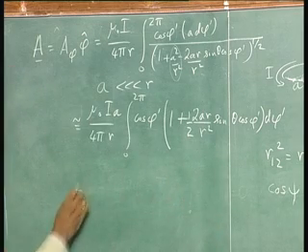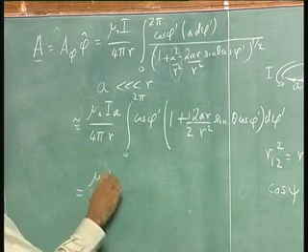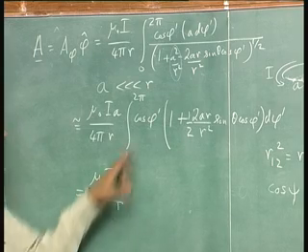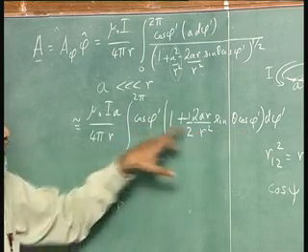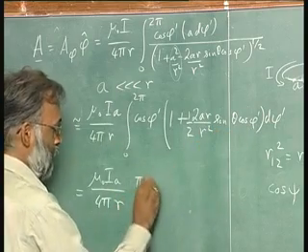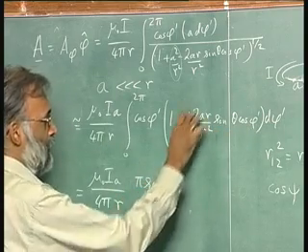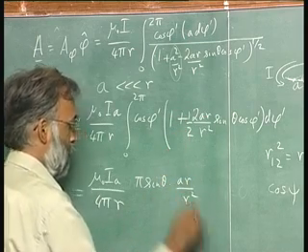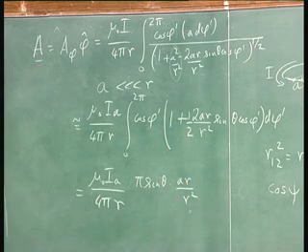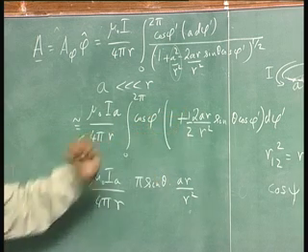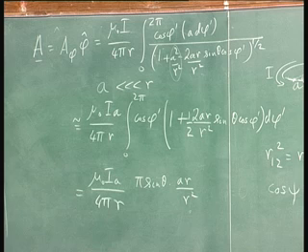I get that this is equal to mu naught I a over 4 pi r. This is going to give me pi sin theta times this factor a r over r square. The factor of 2 cancels out. Let me collect terms.